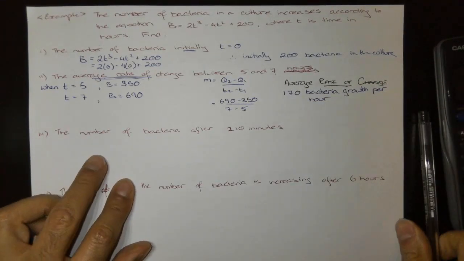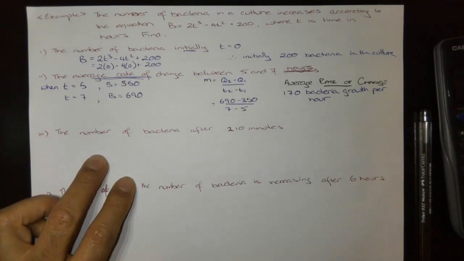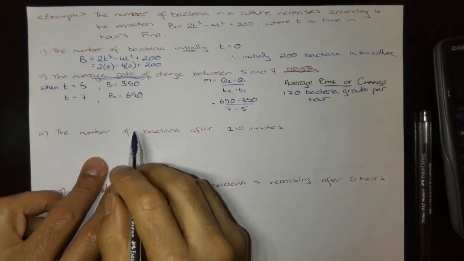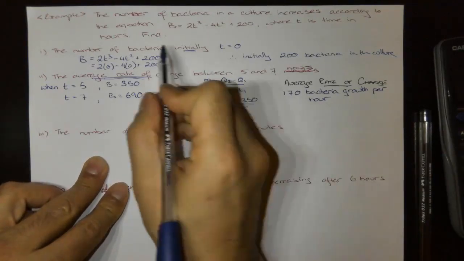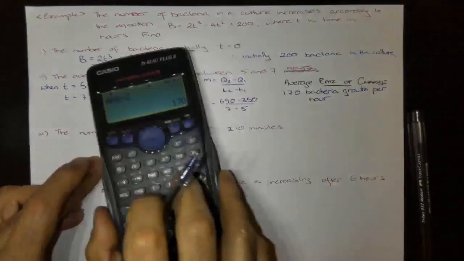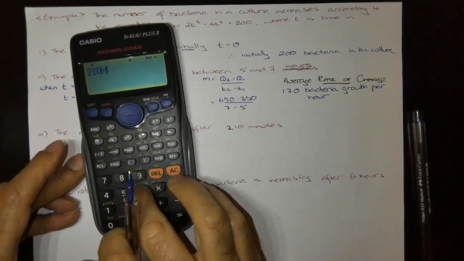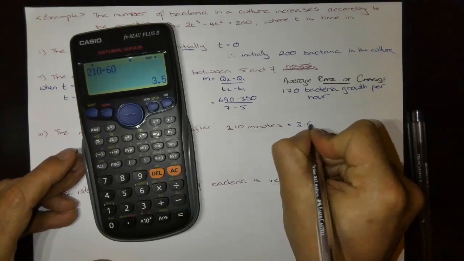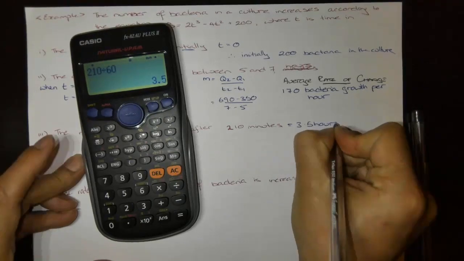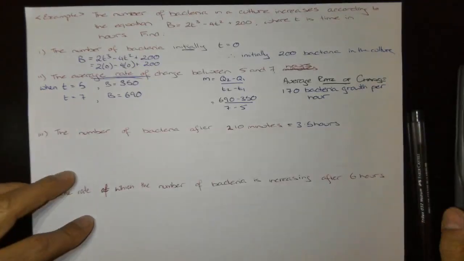Okay. We want to now calculate the number of bacteria after 210 minutes. So what we're going to do is convert that into hours. So 210 divided by 60, so that's equivalent to 3.5 hours. We'll just plug that in.